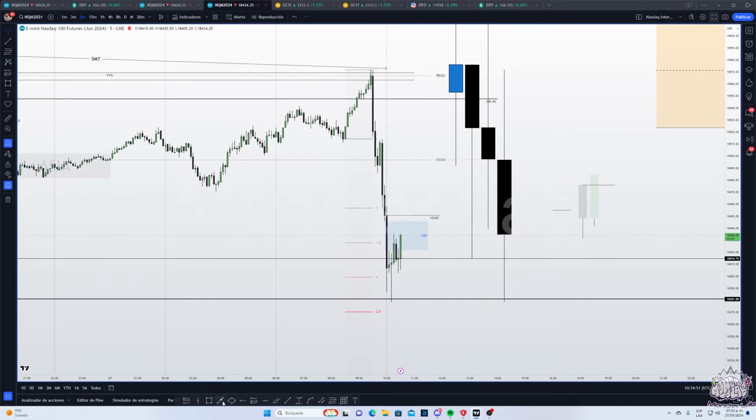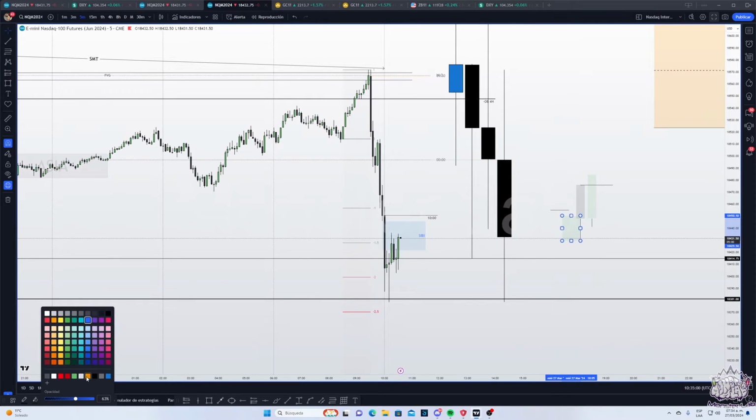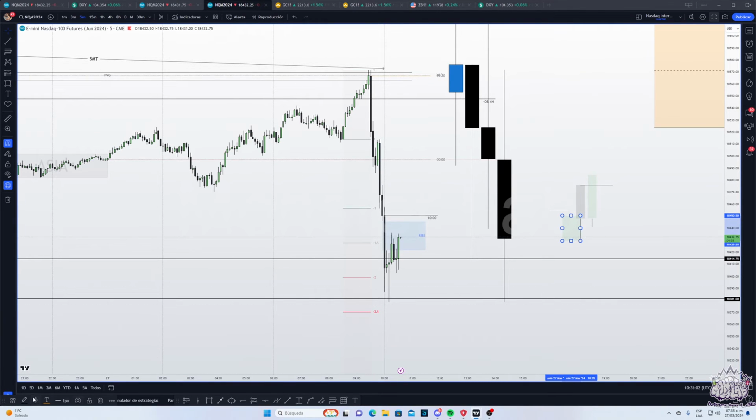So this move is one manipulation here, it's the last bearish move before one bullish move.